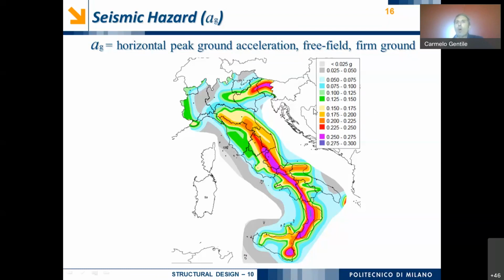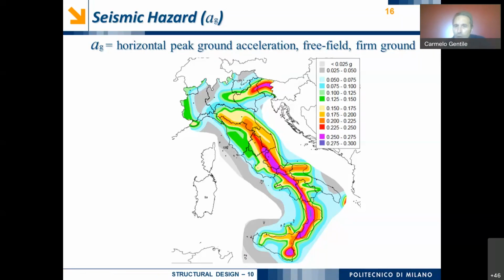So I also accept significant damage to the building, but without loss of lives. Okay? So basically, every building should be designed in order to remain in the elastic range under a medium level earthquake, okay?